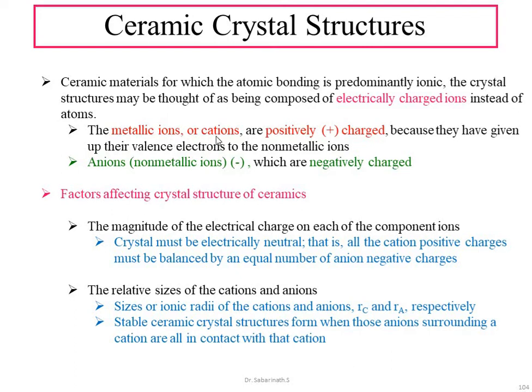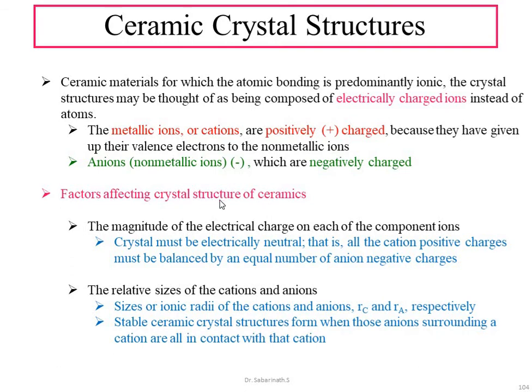The metallic ions we call cations, which are positively charged particles because they give one valence electron to the non-metallic ions, or anions, which receive it and become negatively charged.